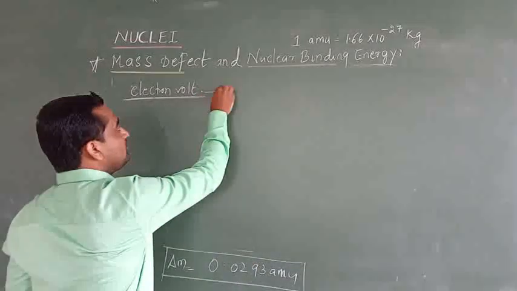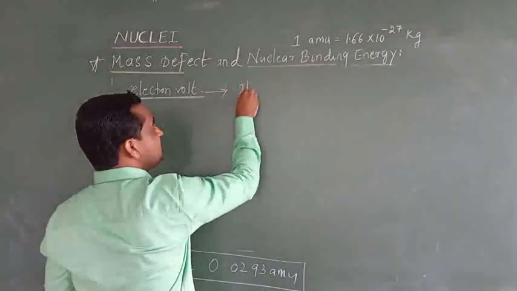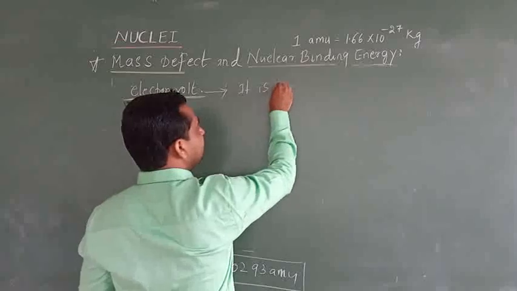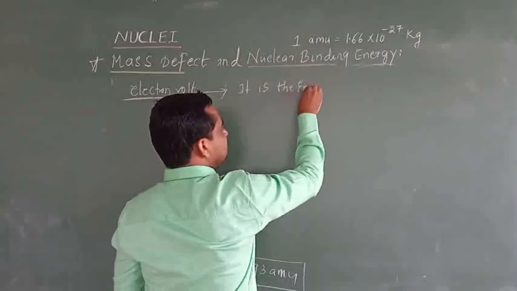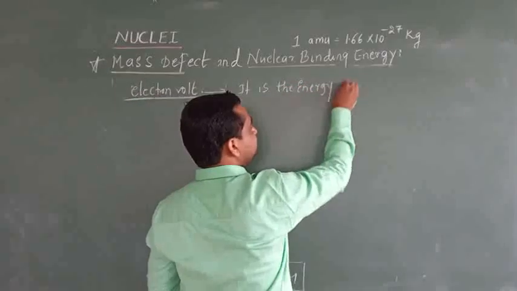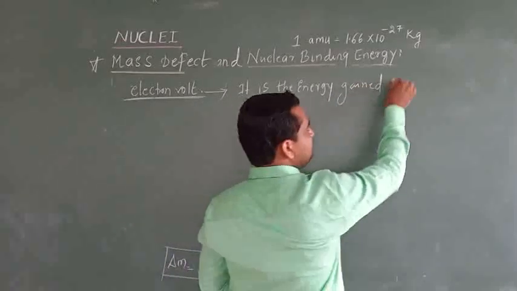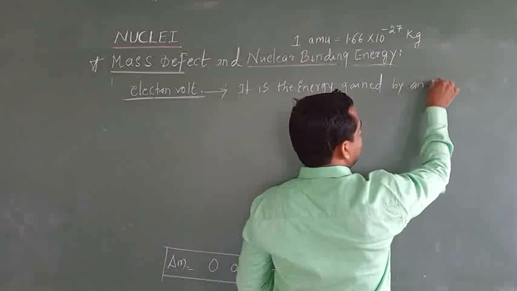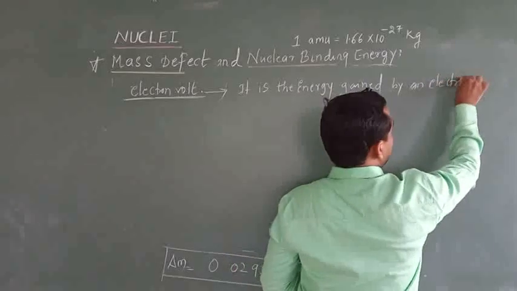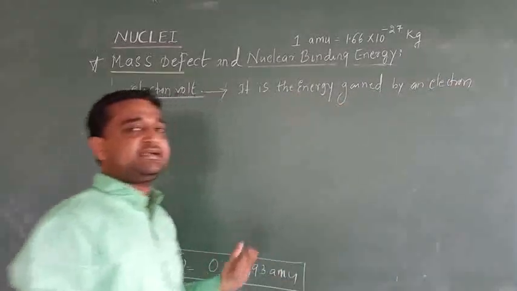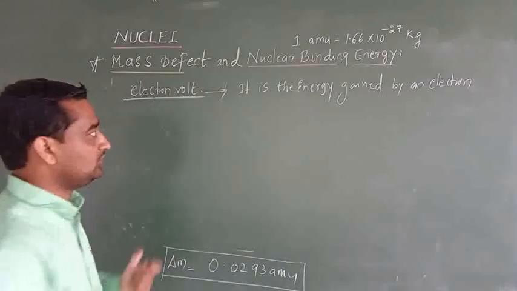And what is the electron volt here? It is the energy gained by an electron when it is accelerated through a potential difference of 1 volt.